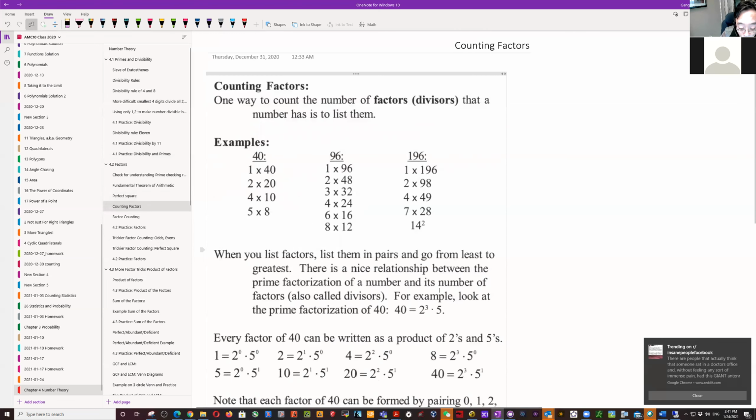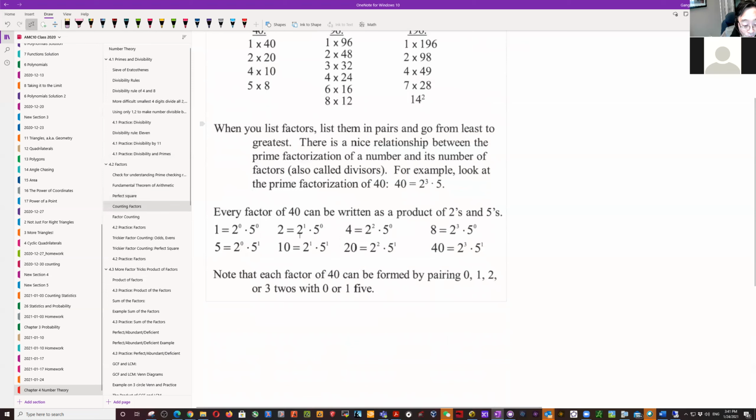So for a normal number, for example 40, we have 4 multiplied by 2, because 3 plus 1 equals 4 and 1 plus 1 equals 2. So we have 8 factors.